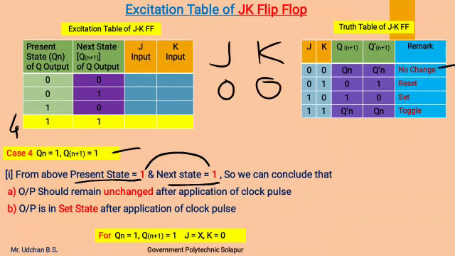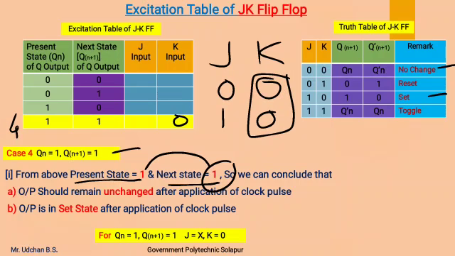Now we can make another conclusion also, that the output is in set state as next state is having a value of 1. So for set state the value of j is 1, value of k is 0. The value of k is 0 for both the conclusions, so I will write 0 in the column of k input, and the value of j is varying.